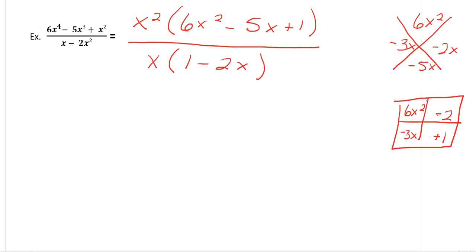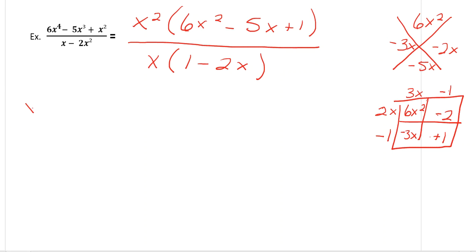Looking here, the 6 won't work for the 3, and the 6 won't work for the 2, so that is rejected. It's going to have to be the 2x and 3x, and it looks like I need the 2x here and the 3x here. Here, to get a negative 3x, I'd have to have a negative 1, and here, to get a negative 2, I'd need a negative 1, and then negative 1 times negative 1 is positive 1.